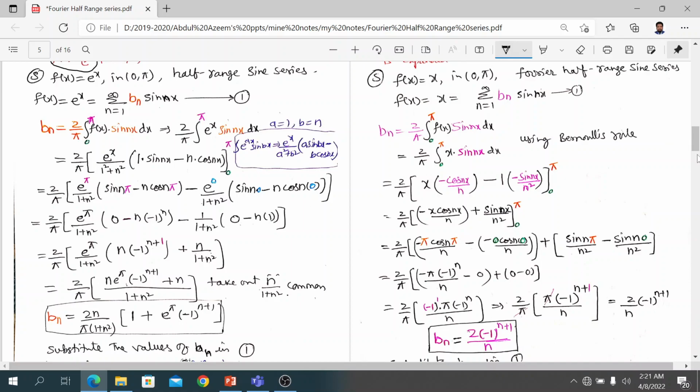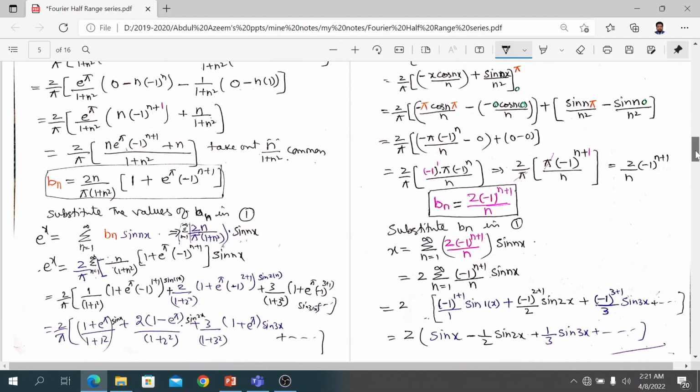Substitute in first equation. So e power of x is equal to sigma n is equal to 1 to infinity bn sin nx. What is our bn value? This one, 2n by pi into 1 plus n square, sin nx, and this one.